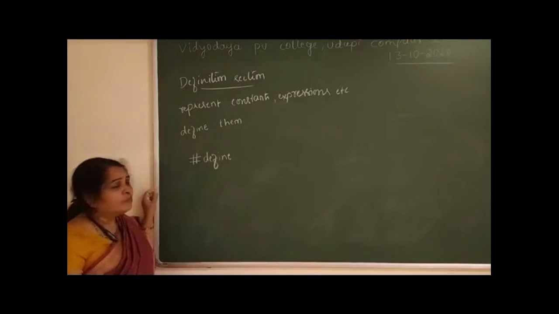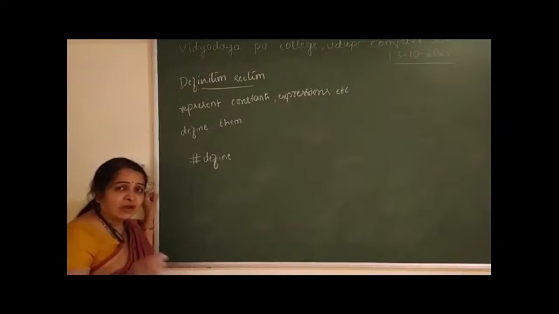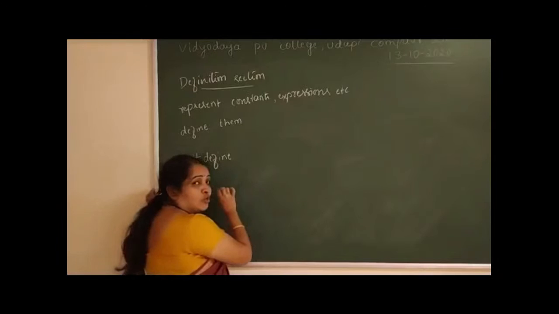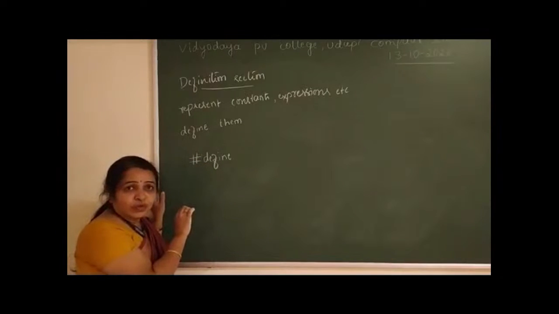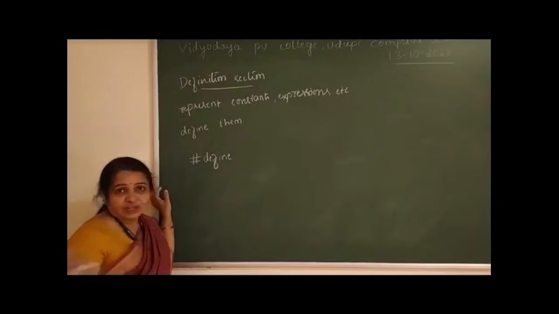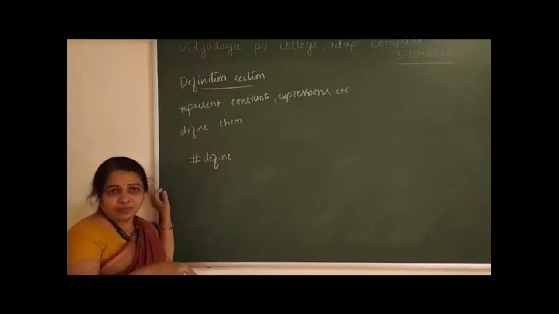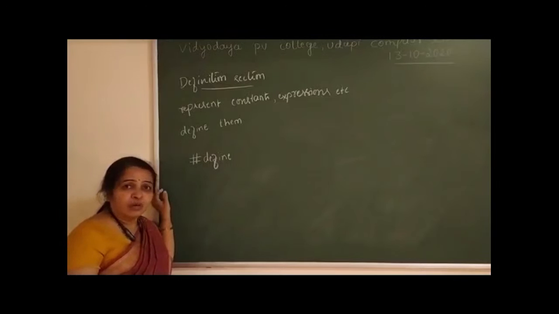So hash, then you have to write define. For example, you know the value of pi. Pi is 3.142. The compiler cannot understand if you just write pi. It doesn't know what pi is. You have to tell it, that means you have to define the value of pi. How?